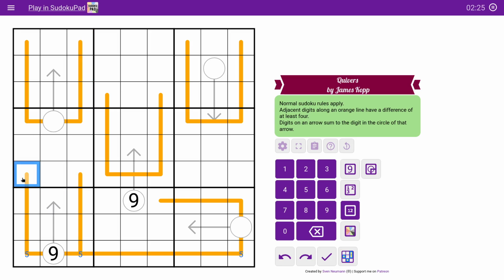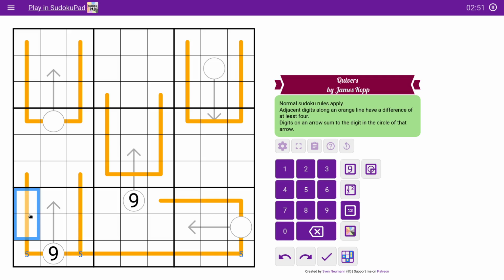Can this be 9? 9, low, high, low. Suppose one of these two is not a 5. That is impossible, right?